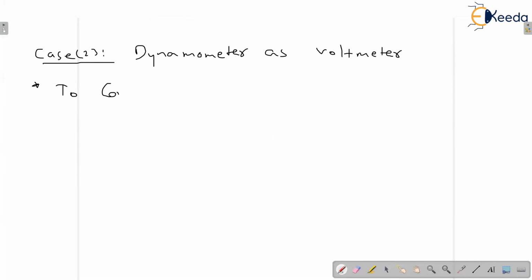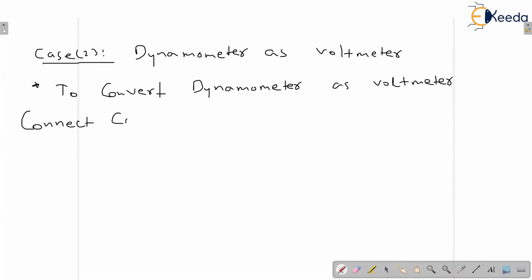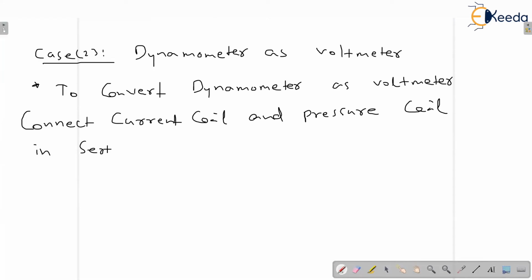To convert dynamometer as voltmeter, connect current coil and pressure coil in series.